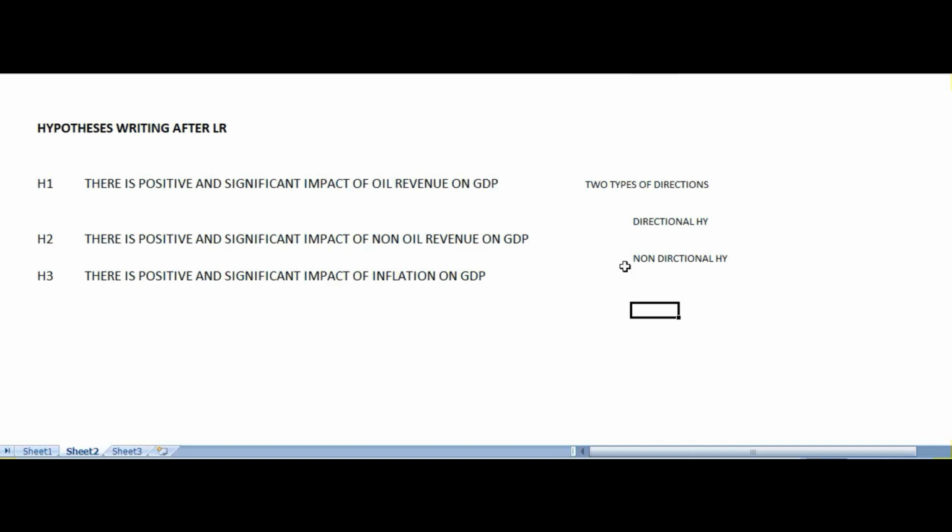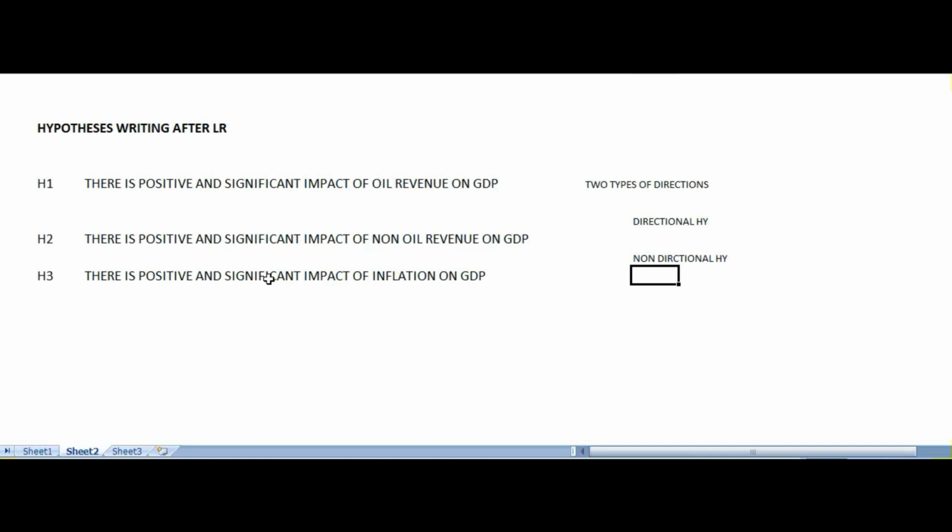The non-directional hypothesis describes the significant or insignificant impact. Here we assume there is a significant impact, so we are describing the non-directional impact of our independent variable on the dependent variable.